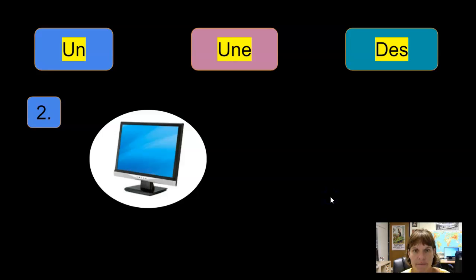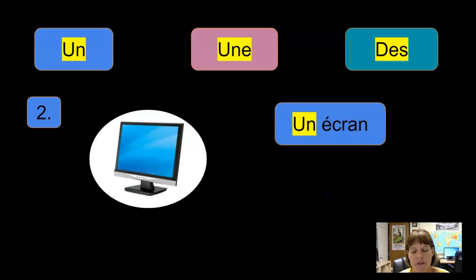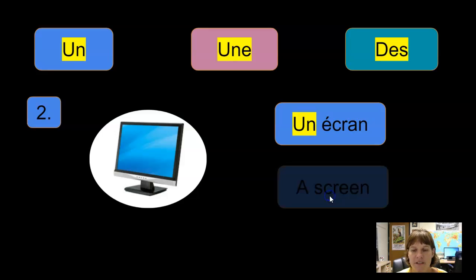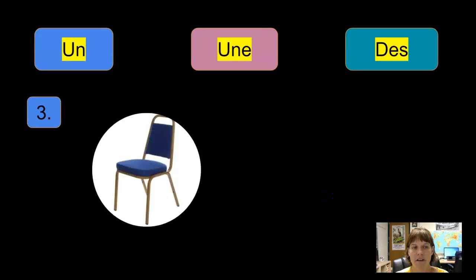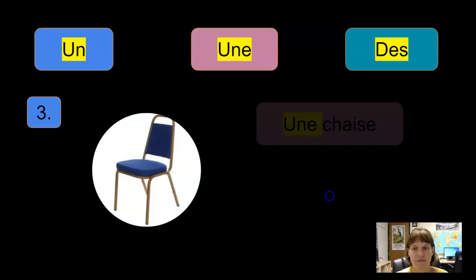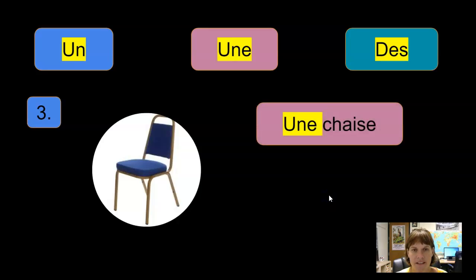Computer, or screen, excuse me. Un écran. A computer would be ordinateur, un ordinateur. So un écran is a screen. Chair, une chaise, c'est féminine, so this is feminine.